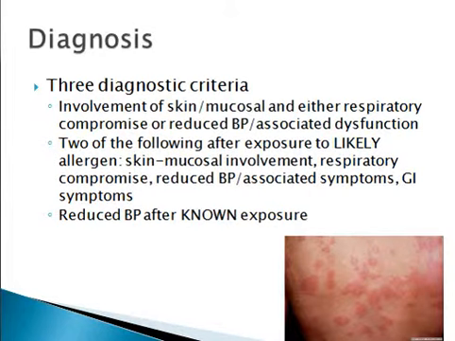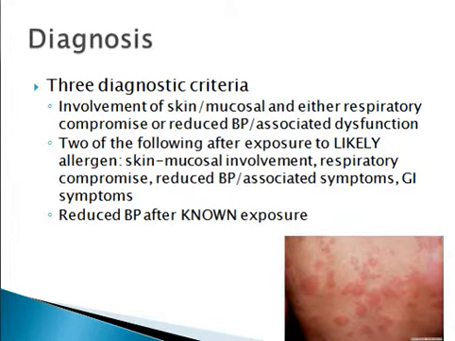Alright, the diagnostic criteria. There are three diagnostic criteria. The first one involves the skin, the mucosa, and either respiratory compromise or hypotension. So skin and mucosa. Skin, obviously having hives on their body. Mucosa, you look at their lip, look at their tongue, and you also look at the uvula for any swelling.